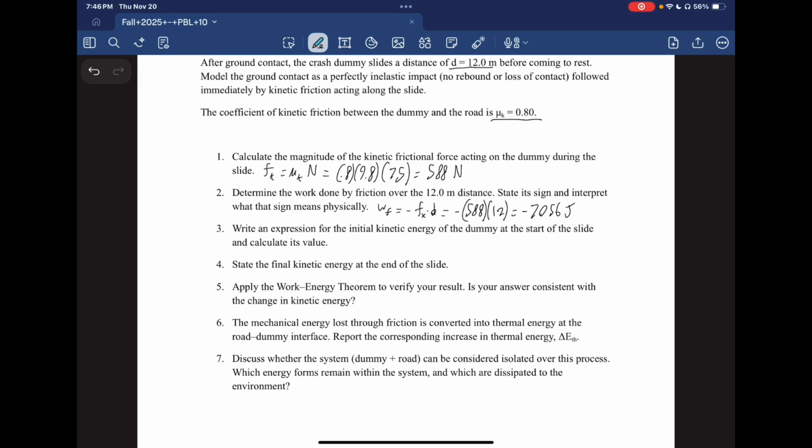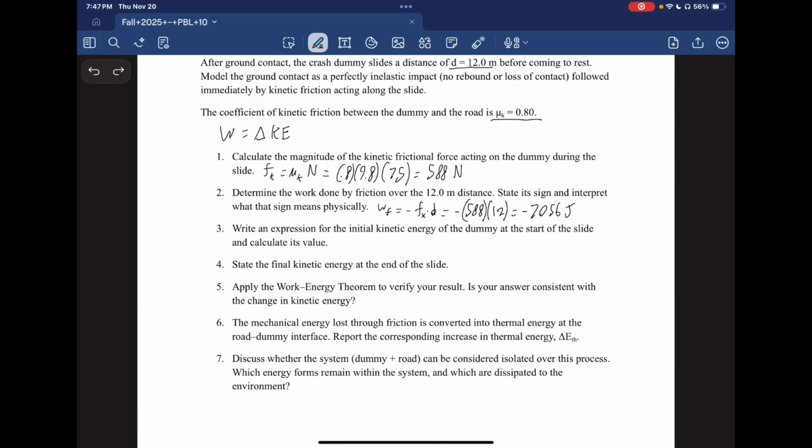Question 3 wants us to write an expression for the initial kinetic energy of the dummy at the start of the slide and calculate its value. We've kind of already written an expression for kinetic energy up here due to work. We know that work done on a system is equal to the change in kinetic energy.